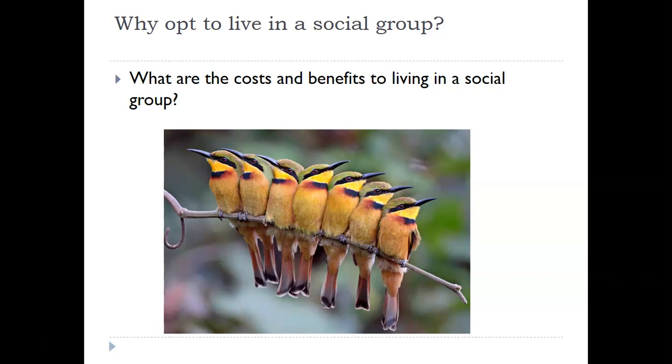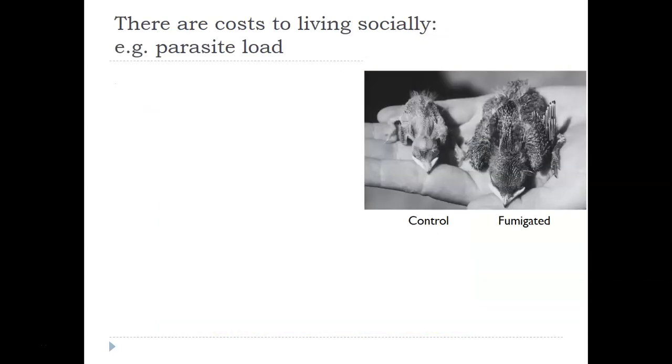Okay, so you can sort of think about what are some of the costs and what are some of the benefits that you've written down. Here are a couple that I think we have talked about, but I wanted to cover them explicitly because there are definitely costs associated with living in social groups. I may have mentioned this in passing when we were talking about group living from an anti-predator defense standpoint earlier in the semester, but parasites and disease can be a really major problem when you're living in a social group.